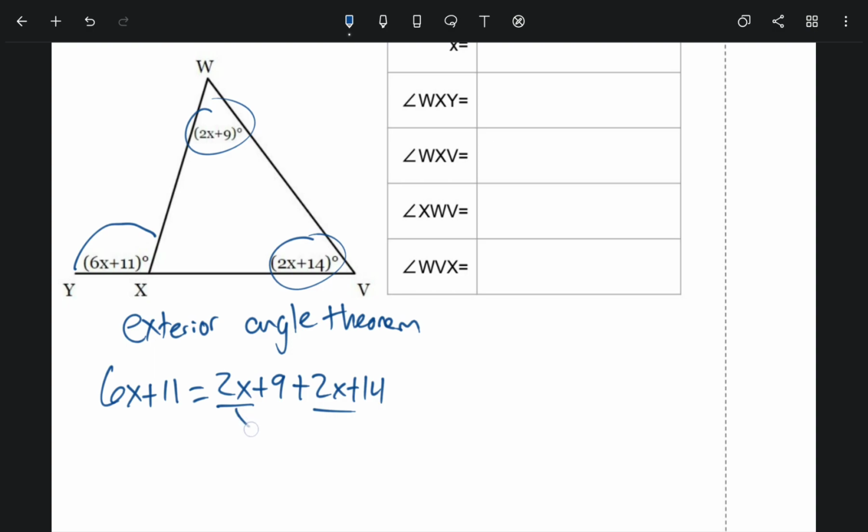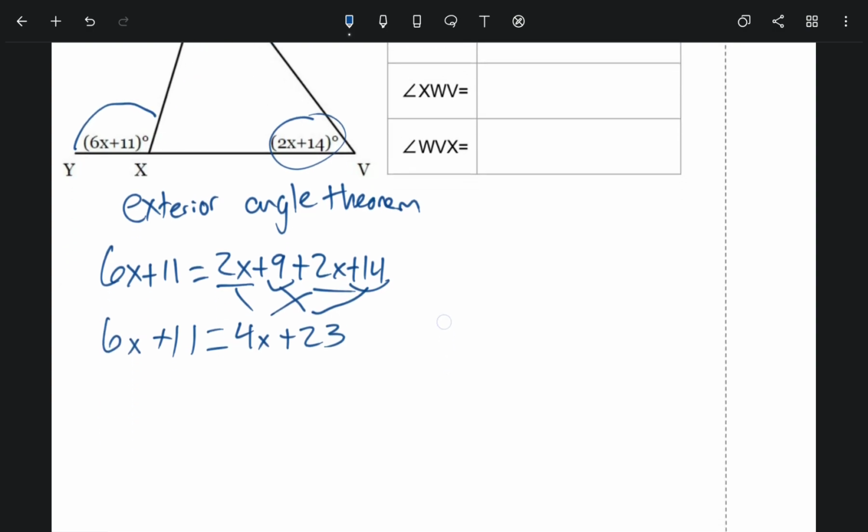Let's add both of our x's on the right side to get 4x, and 9 plus 14 to give us plus 23. That is equal to 6x plus 11.